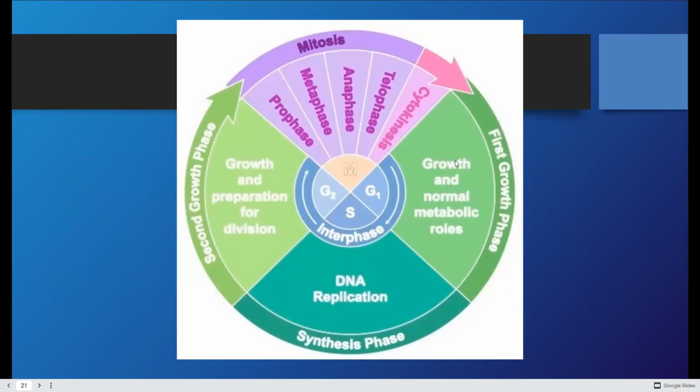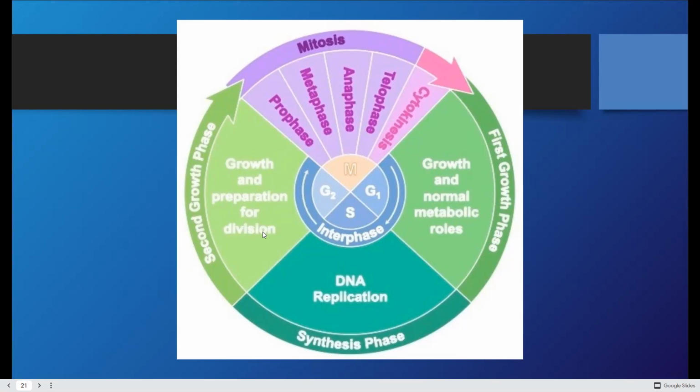So this is the layout of your cell cycle. G1 is growth and normal metabolic roles, the first growth phase. S is the synthesis phase. This is where DNA replication takes place. And G2 is the second growth phase, growth and preparation for cell division.